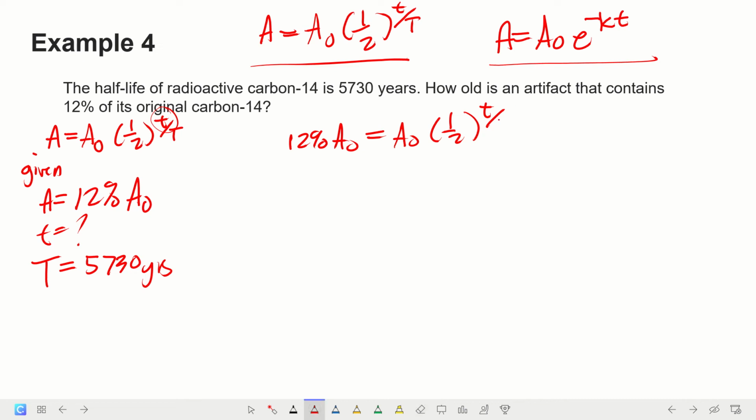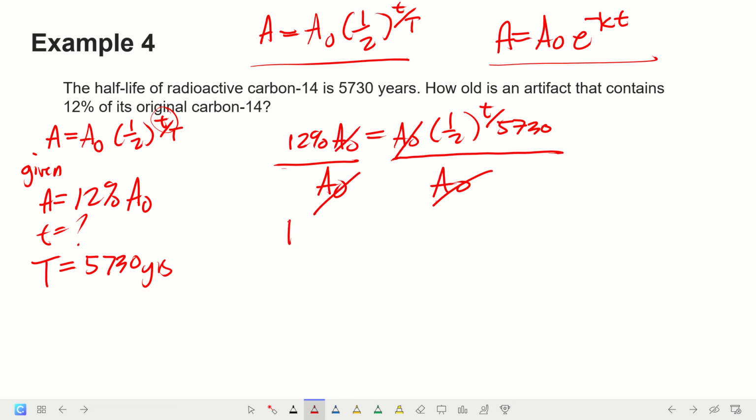Okay, so 5,730 years. So, eliminate natin para matira lang si t. So, una, meron tayong A sub O. So, tanggalin natin si A sub O. Since both sides contain A sub O, matatanggal si A sub O in both sides of the equation.